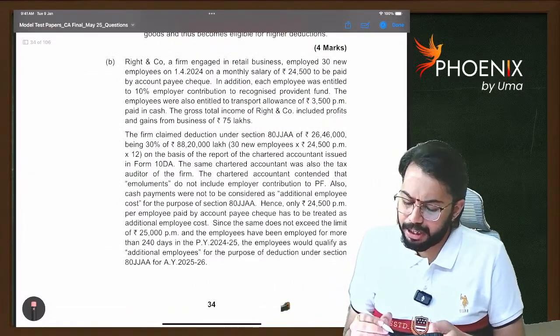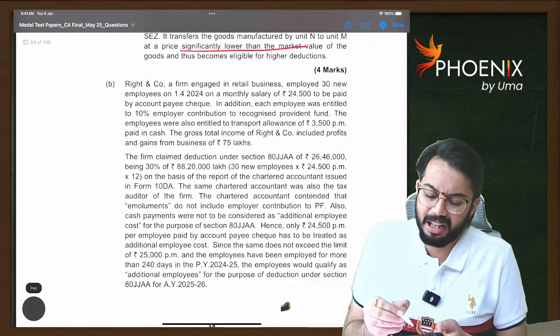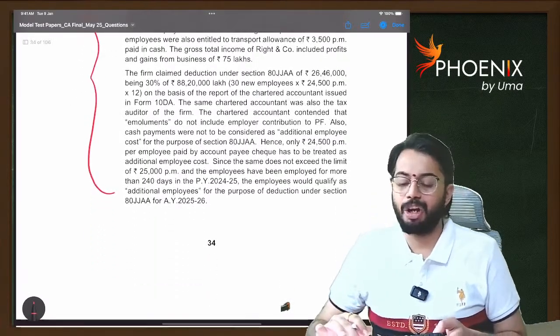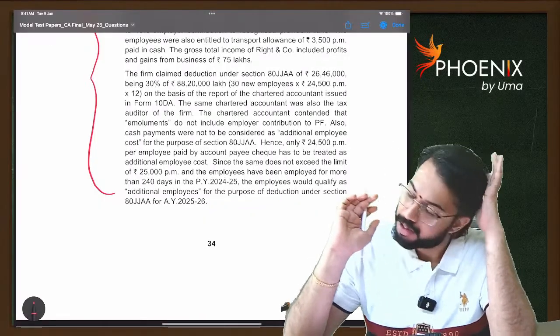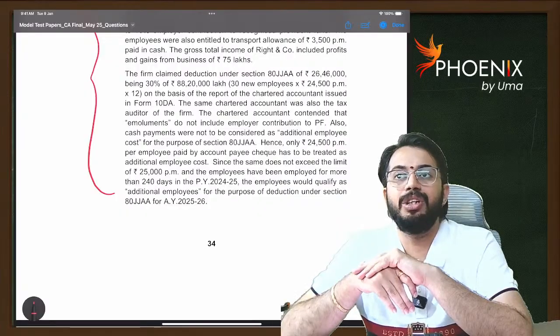So this is relating to deduction under section 80JJAA. See, I am not reading the question because it's taking a lot of time, but I will explain to you. You know deduction under section 80JJAA, right?